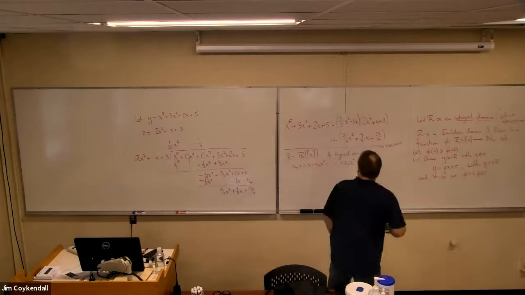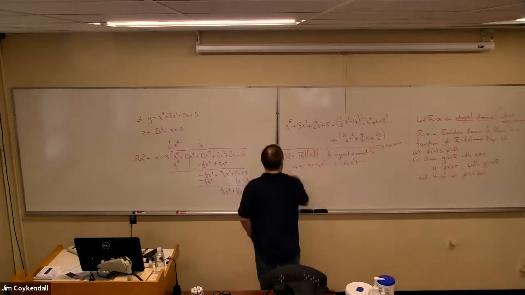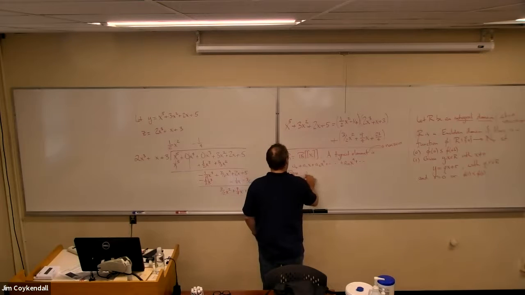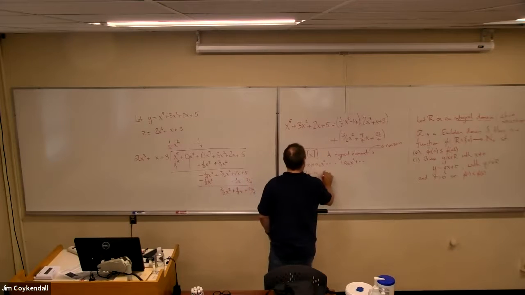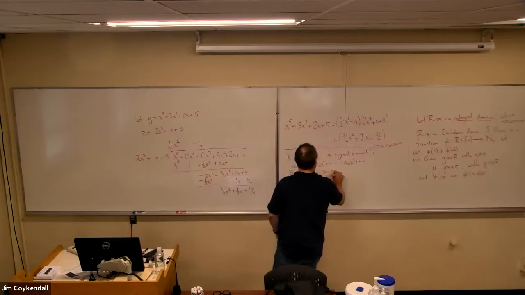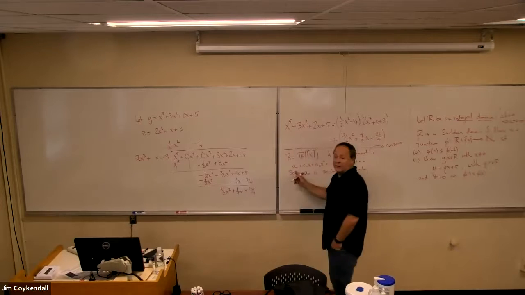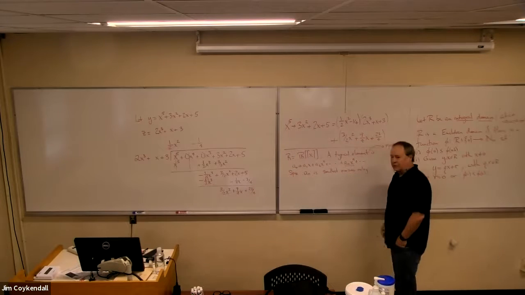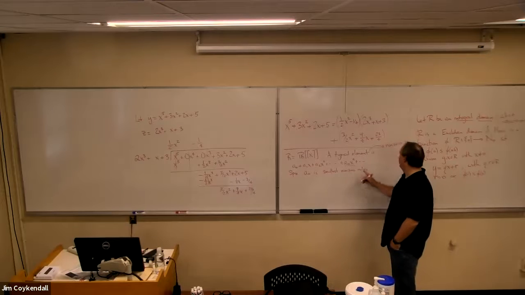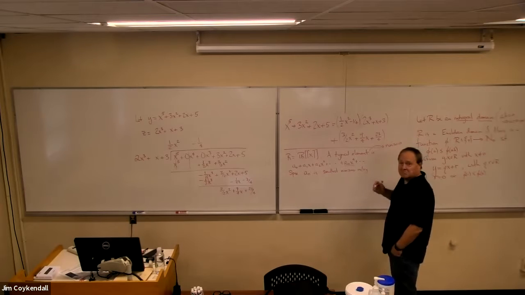Let me help you out a little bit. Suppose A_n is the smallest non-zero entry. I mean, it could be A_0, but we'll just say A_n is the smallest one. I know that there is some non-zero entry because we're assuming this is non-zero, right?